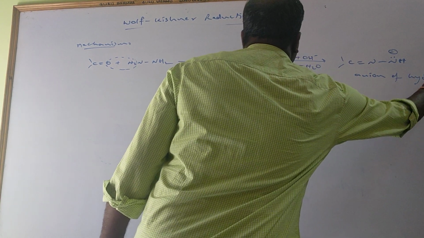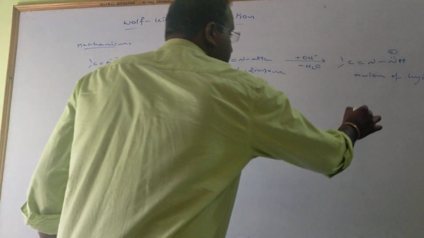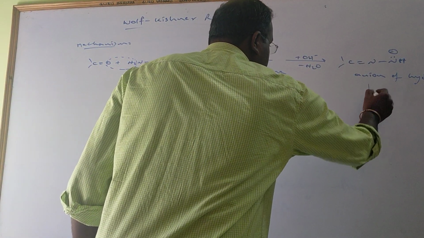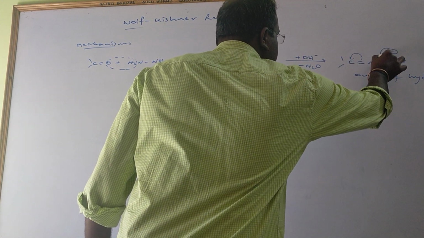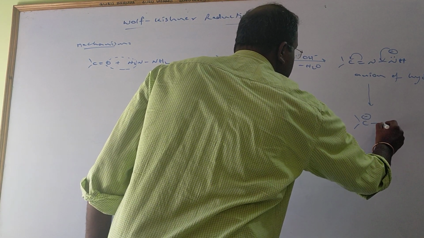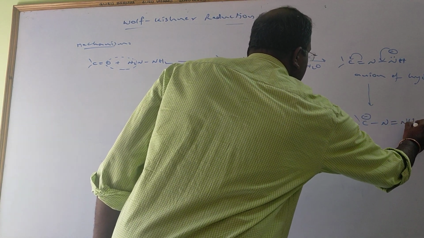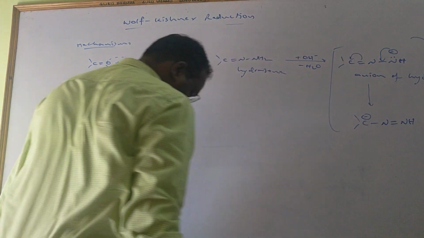This will be formed. And this anion of hydrazone undergoes rearrangement. So we get, this will shift here, this will shift here. Here the carbon gets a negative charge, with a single bond, double bond, NH. Like this we get a rearrangement product. The carbon gets a negative charge. This one combines with the H2O.